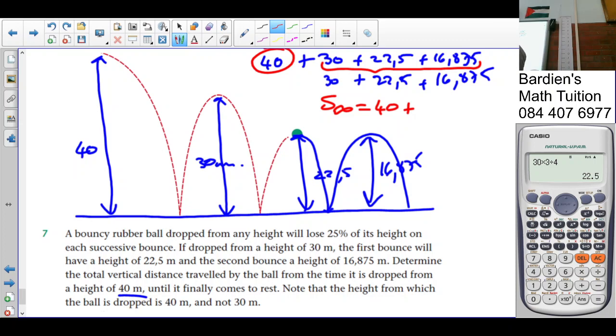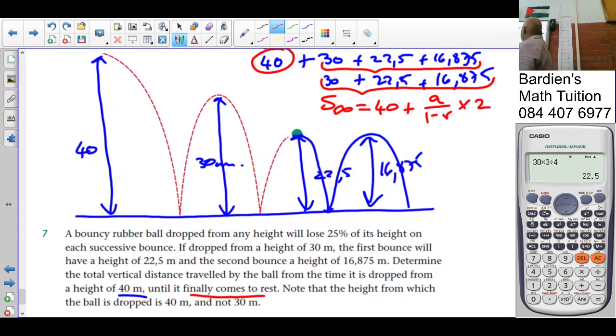Why? Because they told us the ball finally comes to rest. So the ball is going to bounce until it can't bounce any longer, or the bounce will become negligible at the end. So it's going to be A over 1 minus R. And this is happening how many times? Twice.